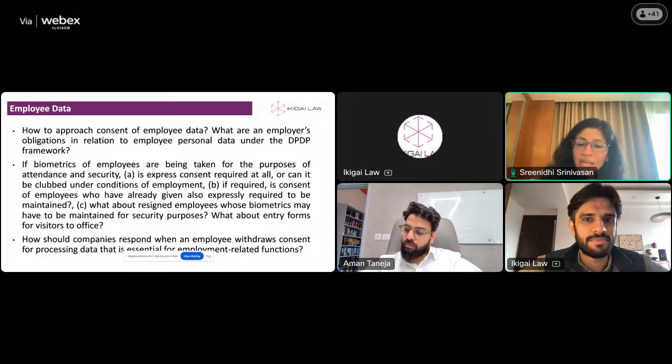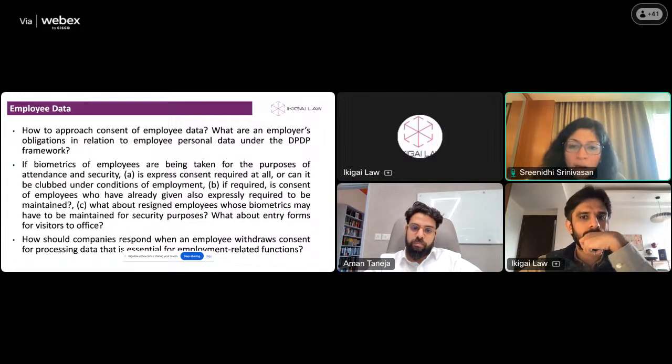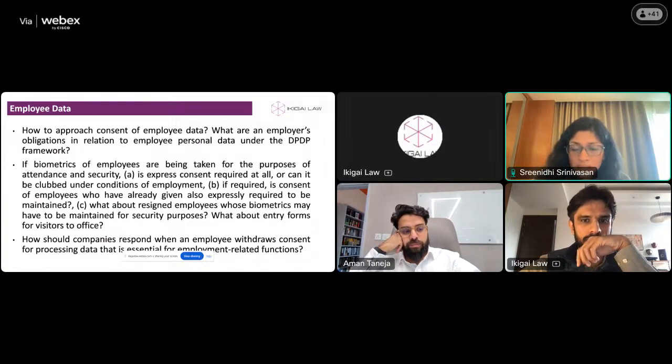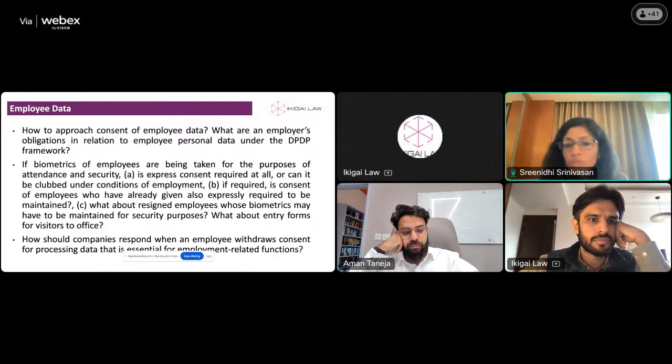Yeah, I think the question of biometrics, even a lot of the European regulators have been divided on. But I think the more appropriate legal basis, if you're collecting biometrics for attendance and security, seems more attuned to employment purpose. There is a reason and a rationale connected to employment for which you've instituted this safeguard.